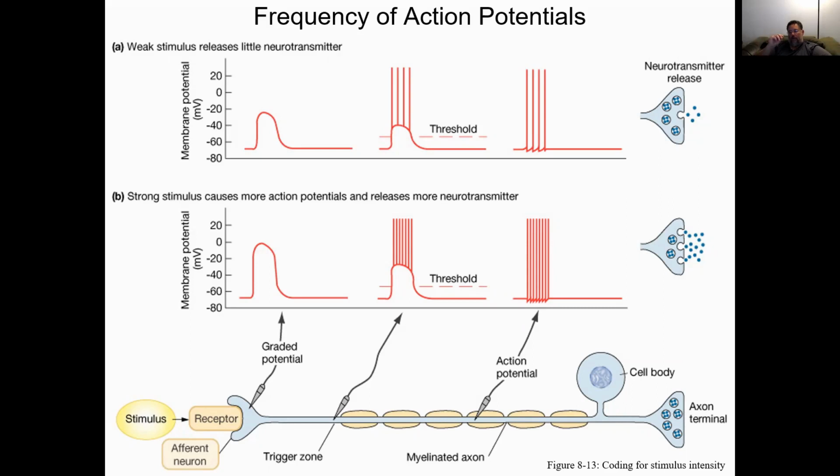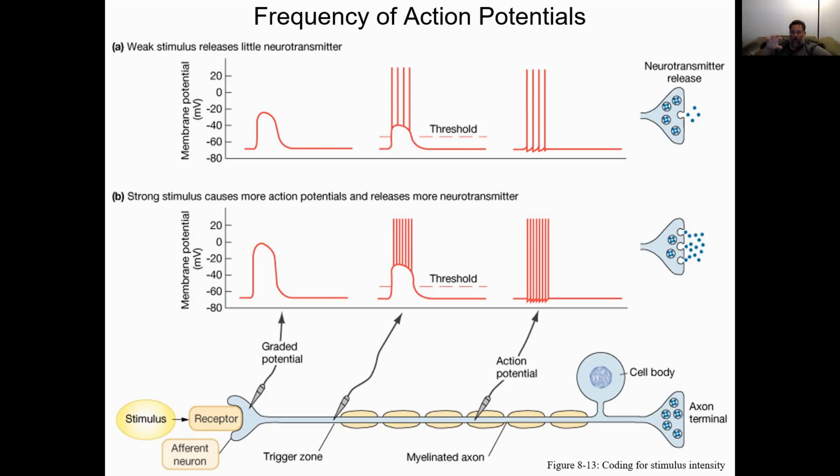If the voltage is high enough in millivolts, it'll cause the sodium channels to open in the axon hillock, and in doing so, this will trigger action potentials that will then travel down the axon.